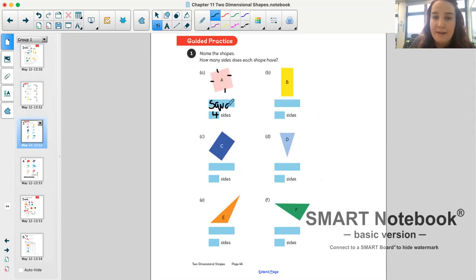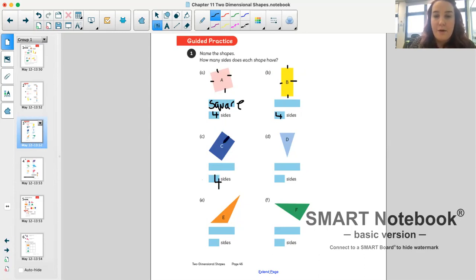Okay, this one, it's got 4 sides again, but it's got 2 long ones and 2 short ones, so it is a rectangle. Let's check this one. It's got 4 sides.